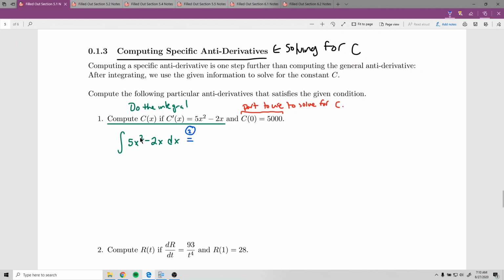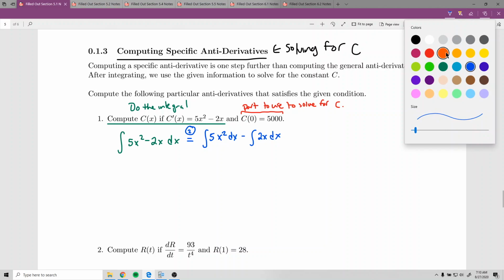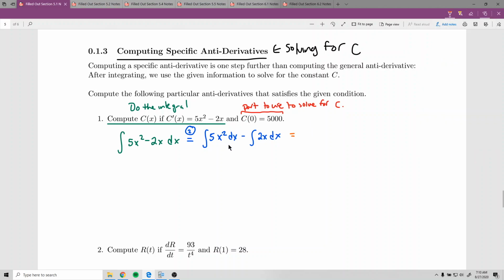We have two things here, so I want to split up over the minus. We want to integrate 5x squared dx minus the integral of 2x dx. And I want just a power of x inside, so I want to bring out the 5 and the 2. We have 5 times the integral of x squared dx minus 2 times the integral of x dx.